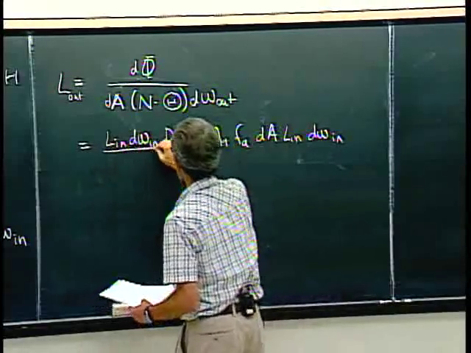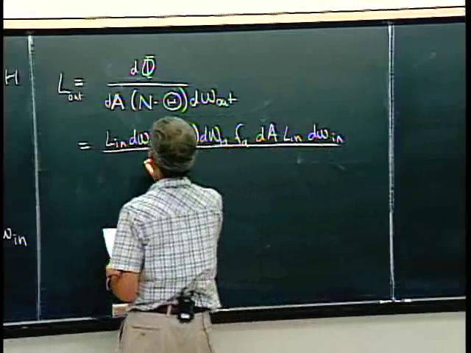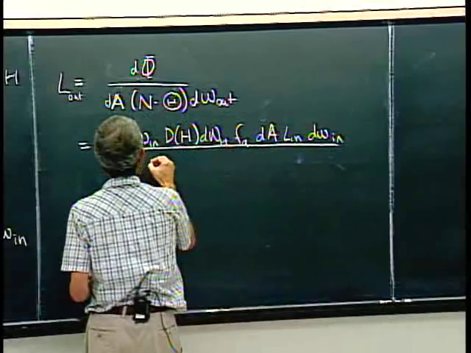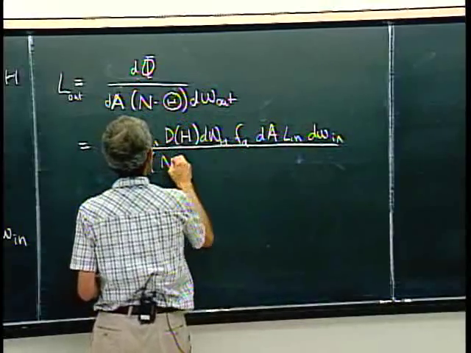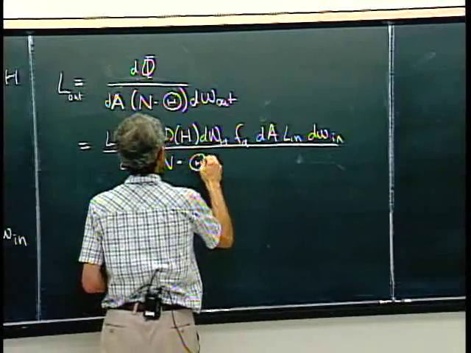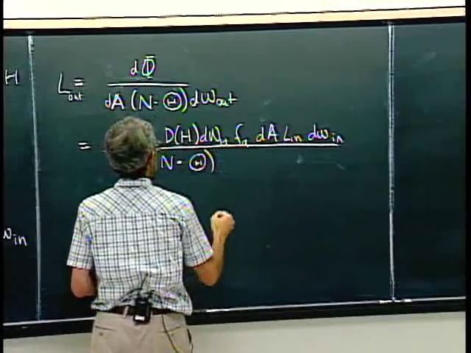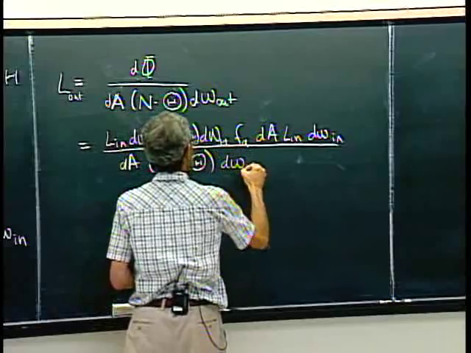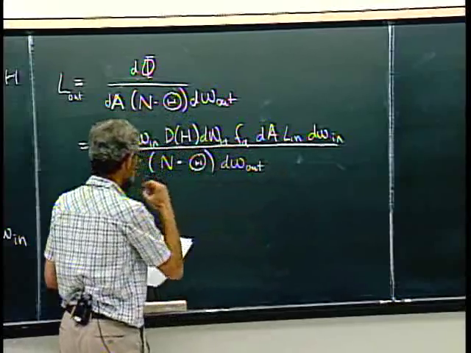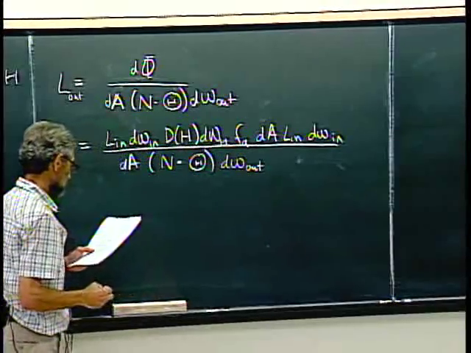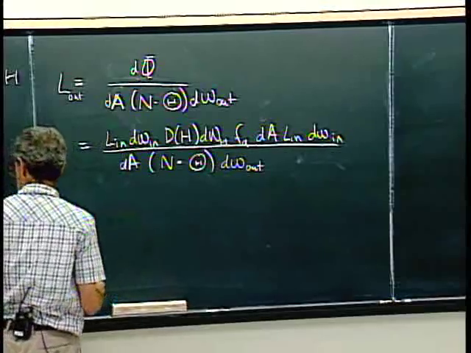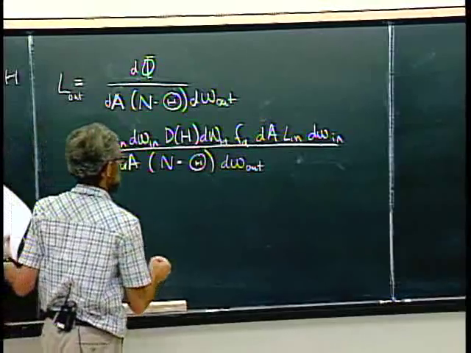And in the denominator, I also have a dA, and I have an n dot theta, and I have a d omega out. And I missed this psi dot h factor too.